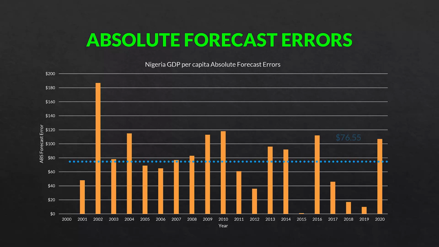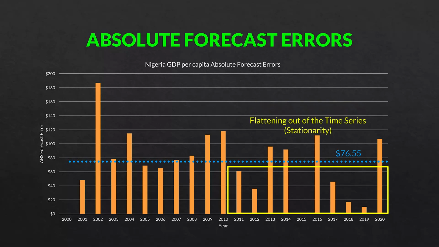Then we have the mean of these absolute errors, which is $76.55. On the right-hand side, like I said before, overall, our absolute forecast errors become a lot smaller. Remember what I said before, that examining the pattern of the forecast errors can tell you a lot about the underlying time series. So what does this tell us? Well, the smaller absolute forecast errors tells us that it's a flattening out of the time series, something we call stationarity.